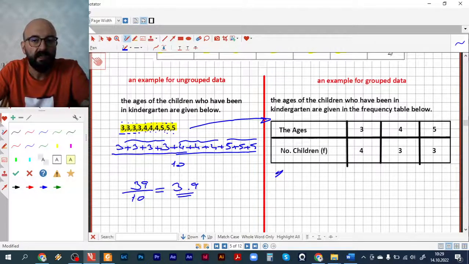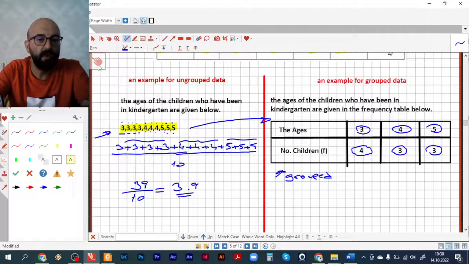It becomes grouped data. This section means grouped data with frequencies, but this section is ungrouped data. So when we look at this table, we have 4 children whose age is 3, 3 children whose age is 4, and 3 children whose age is 5.